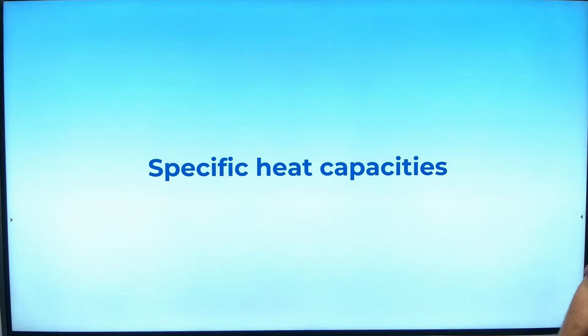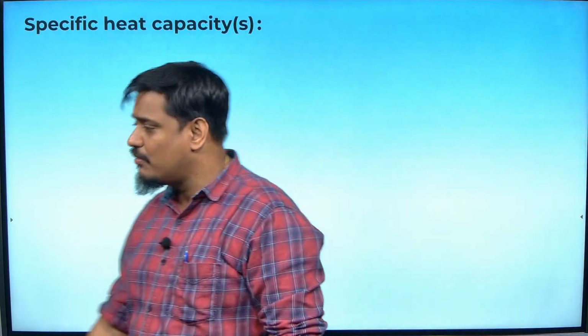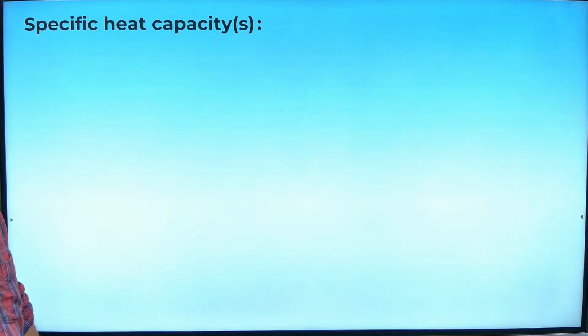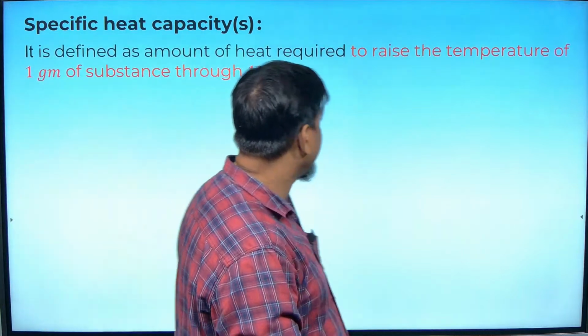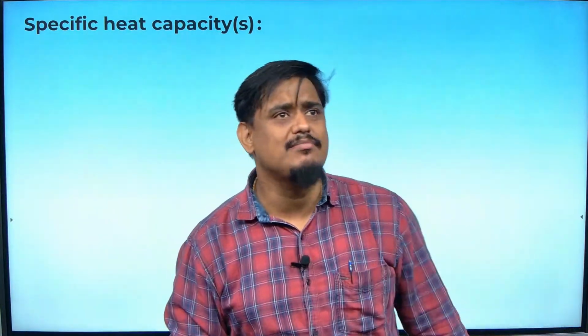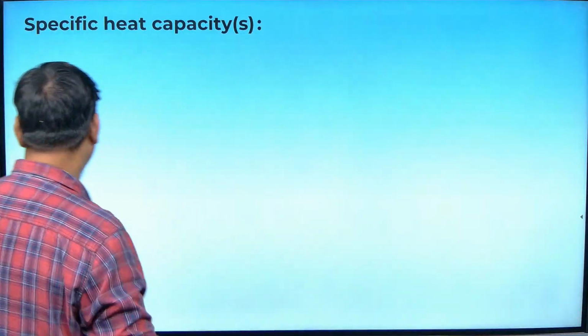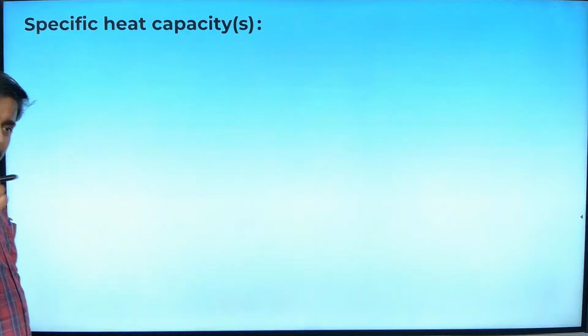After learning about the first law of thermodynamics, we must learn about specific heat or specific heat capacities. So we have two things here. First of all, what is the meaning of specific heat? Specific heat is not a new thing. It is known to you from the previous chapter itself.